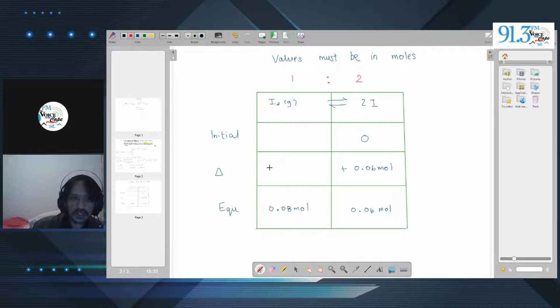So this change here is going to be minus, because we're losing reactants, 0.03 mole. And that means that, of course, our initial value is 0.03 more than that. So it's supposed to be 0.10 mole. Sorry, 0.011. My apologies. 0.11 mole.